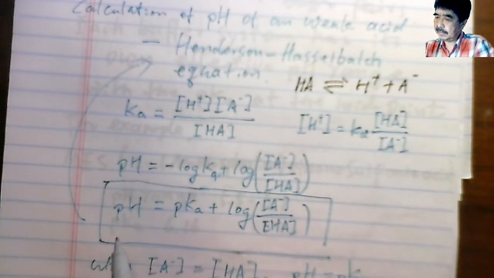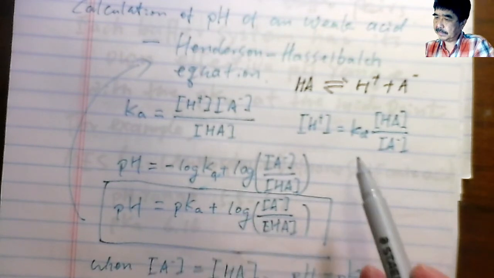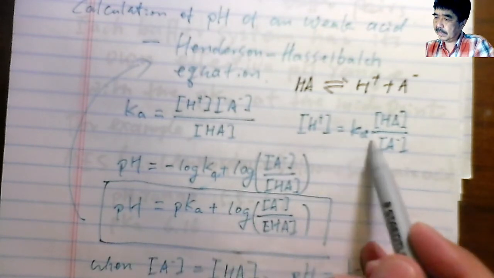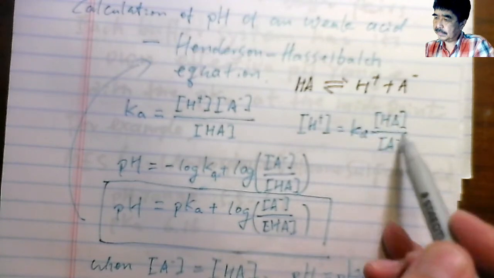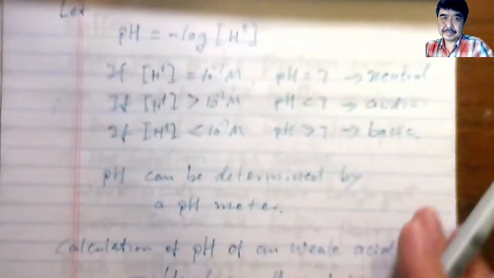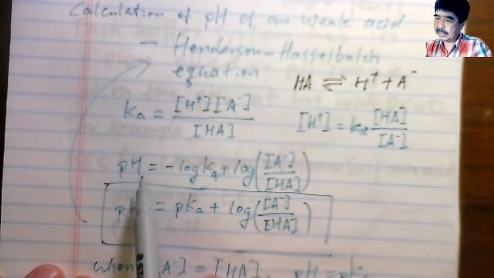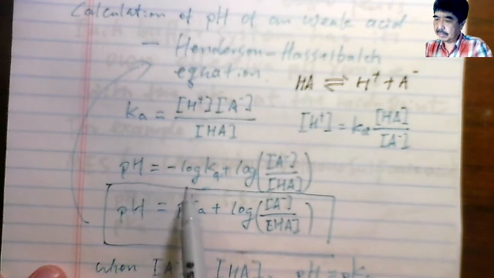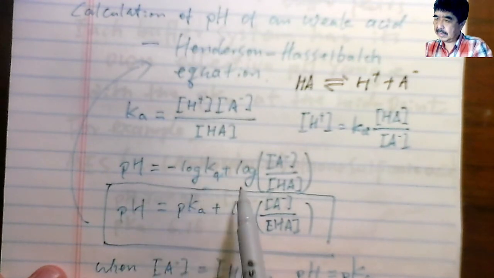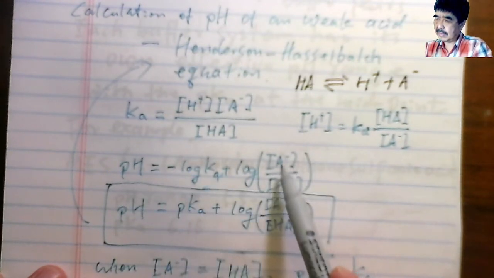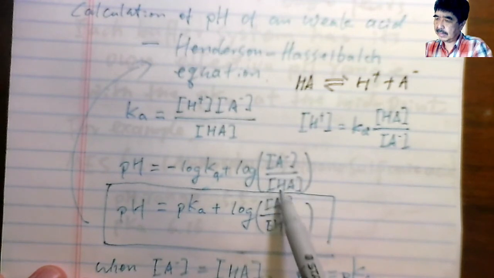When we replace this into this equation, then we got pH equals minus log Ka plus log A minus over HA.